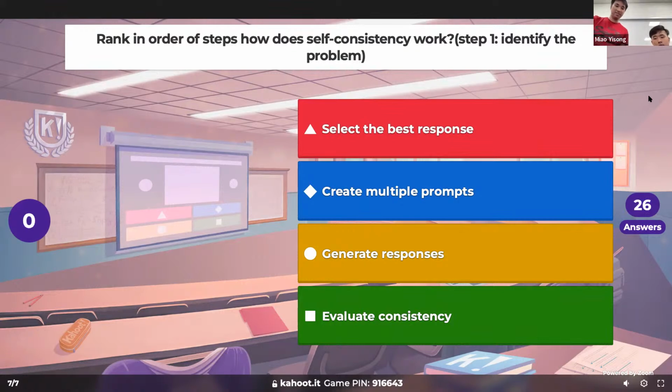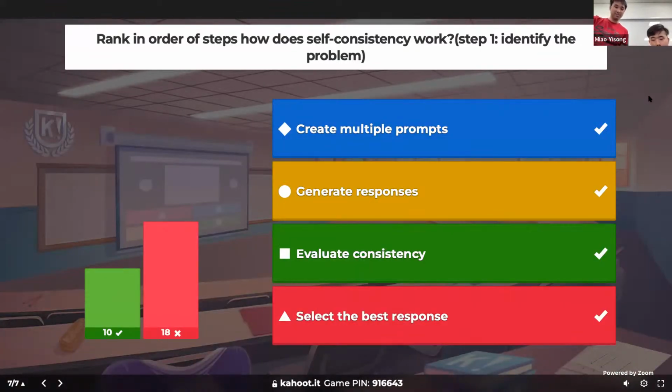Oh, actually, this one should skip. Yeah. So, what do you see? Yeah, it's like this, right?